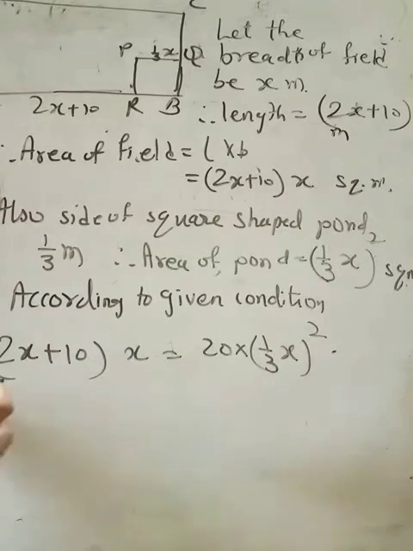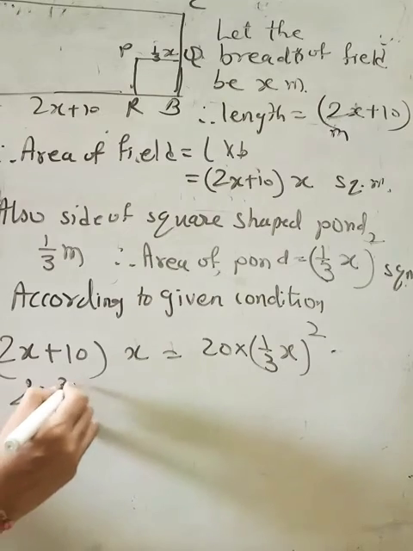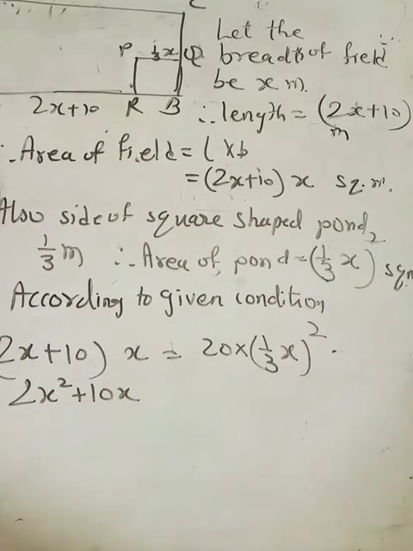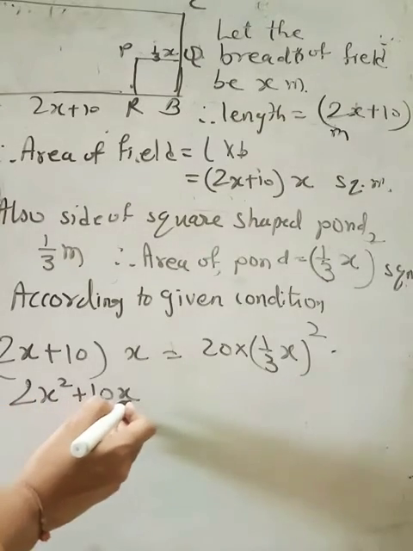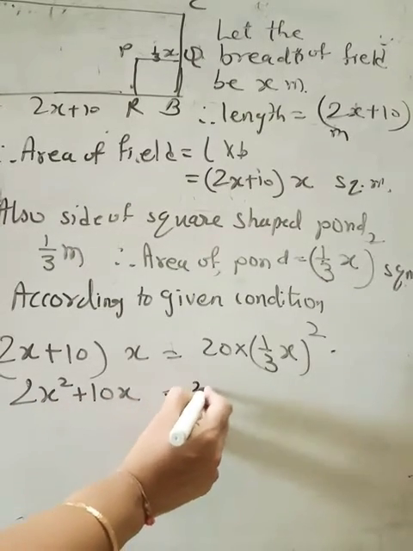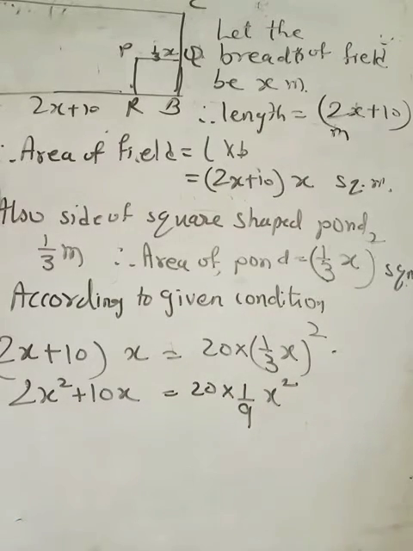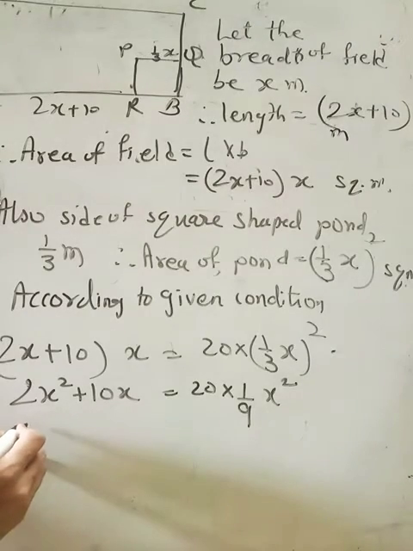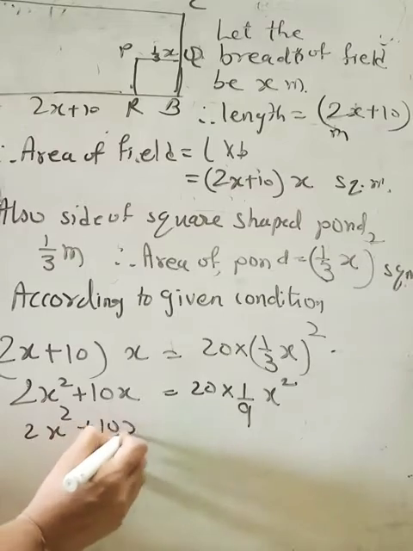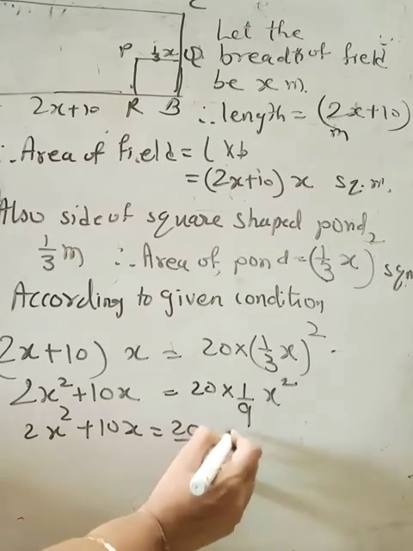So now open the bracket. 2x squared plus 10x is equal to 20 into 1/9 x squared. So 2x squared plus 10x is equal to 20/9 x squared.